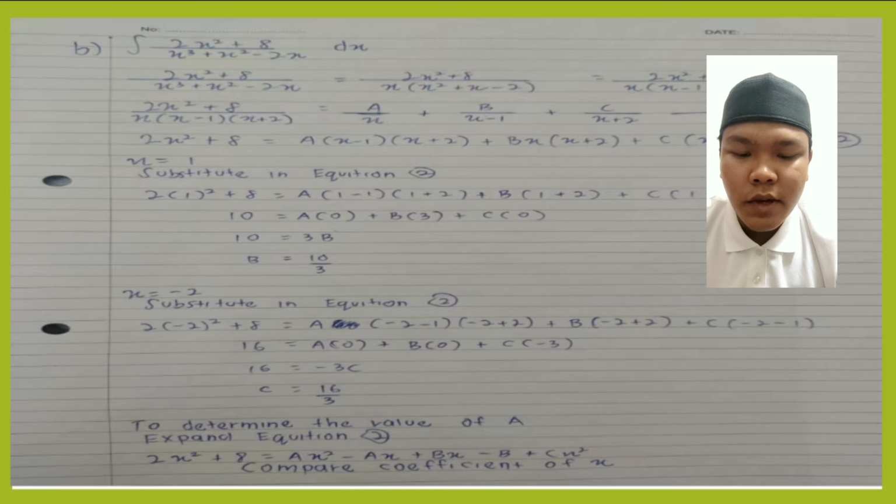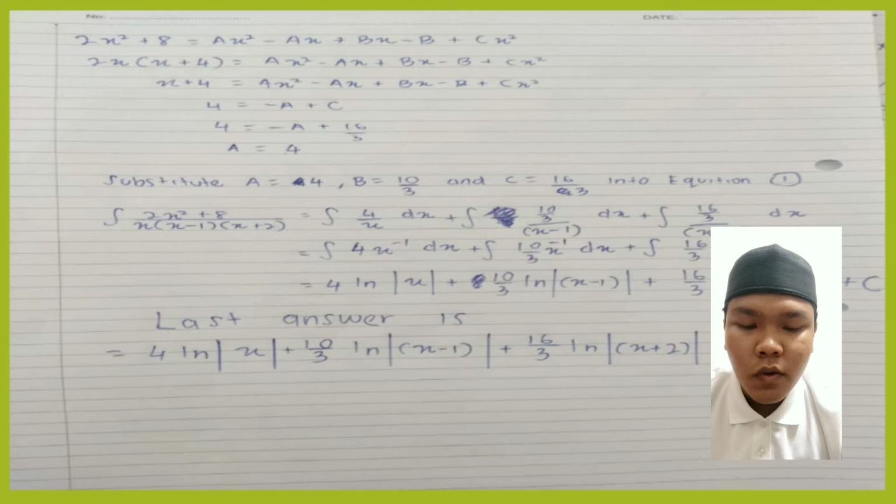To determine the value of a, expand the second equation and compare the coefficient of x squared. We choose the value of c to compare the coefficient of x to get the answer a equals 4.